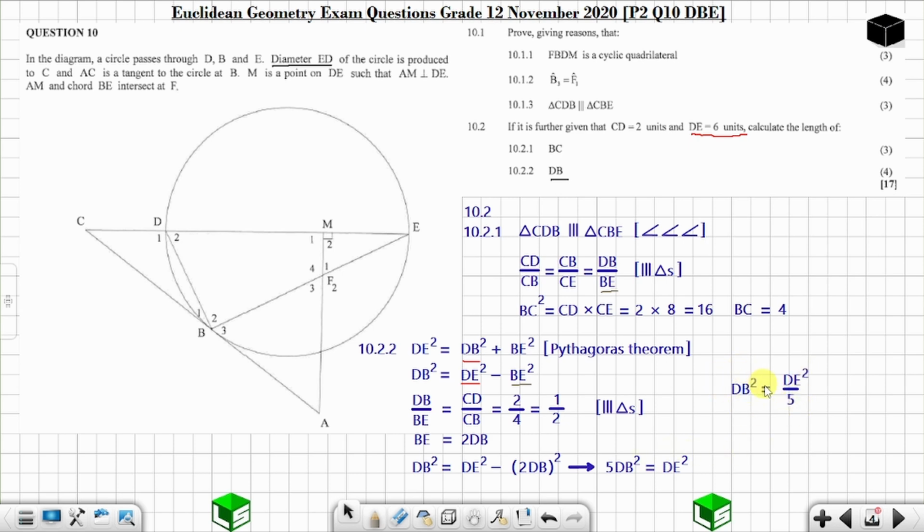You are going to take the square root on both sides. So DB is equal to DE over the square root of 5. So DB is equal to 6 over the square root of 5 units. Okay, and we are done with this question.